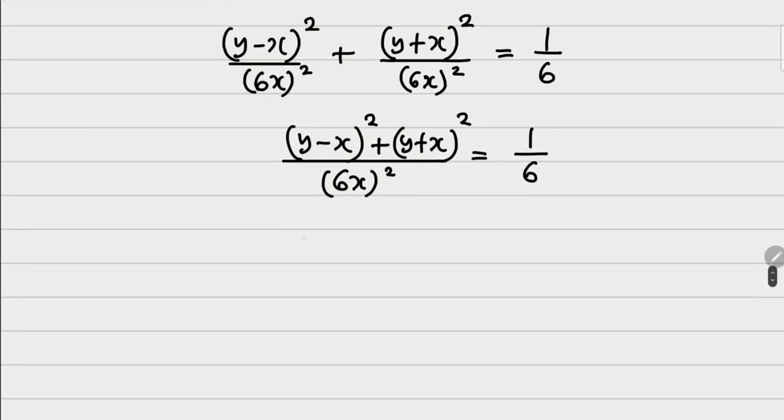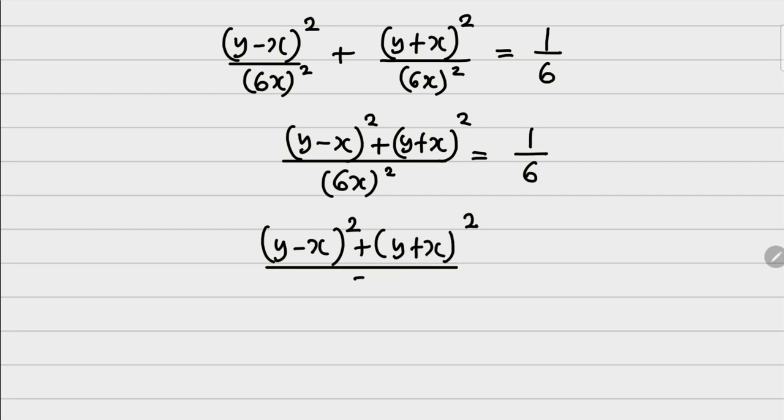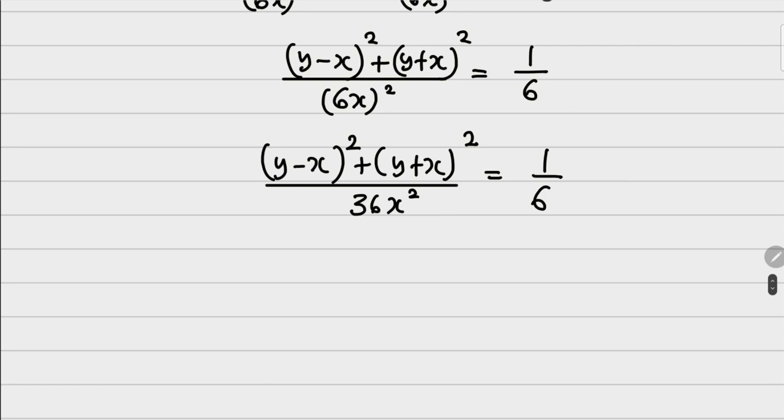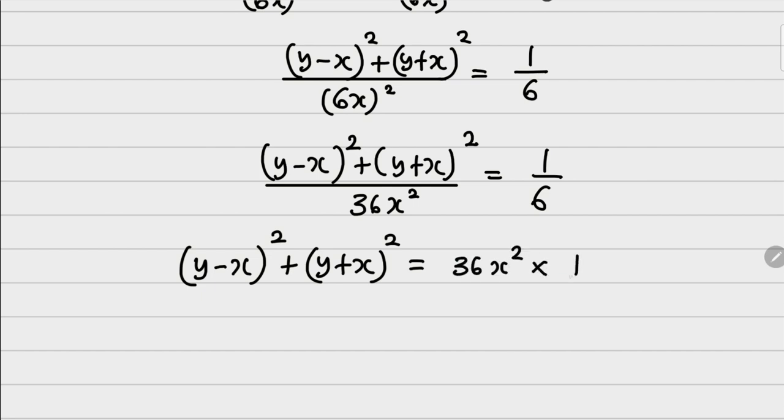All right, now this is y minus x all squared plus y plus x all squared all over, here I'm going to have 36x squared is equal to 1 over 6. Cross multiplying, I'm going to have y minus x all squared plus y plus x all squared is equal to 36x squared times 1 by 6.